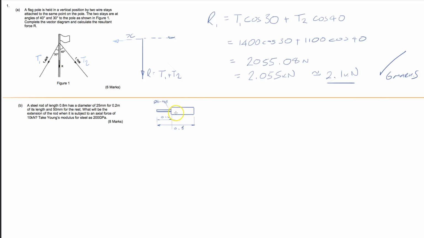Okay, this is starting to feel like an extension question across 2 separate lengths. So, and for the rest of it, it'll be 50 mil. So that's diameter 2 of 50 mil, which is 0.05 meters. And so that's going to be 0.6 logically, isn't it?